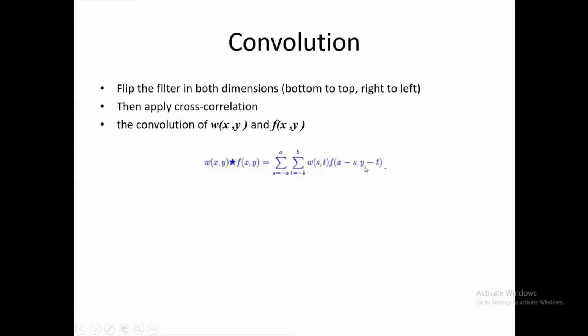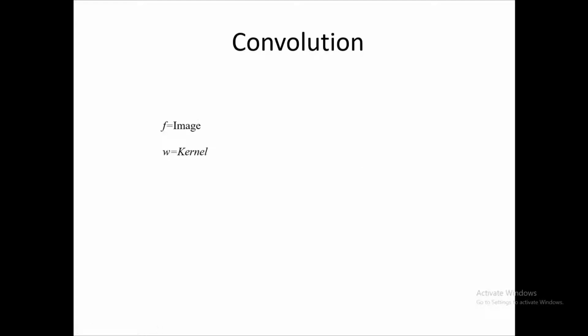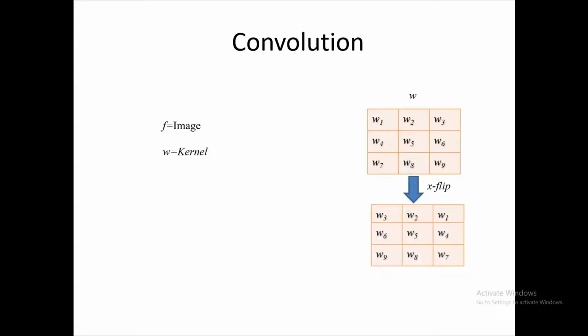We'll see here we have the image f and the w kernel. First we flip it in the x direction. Then w1 w2 w3 is flipped to w3 w2 w1, w4 and w6 are flipped, and w7 and w9 are flipped.